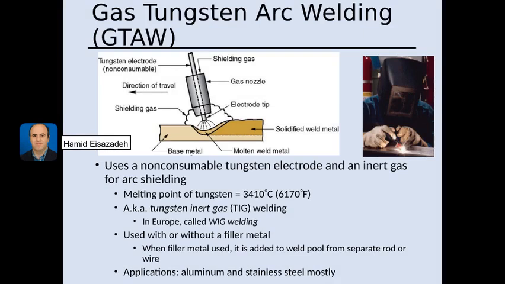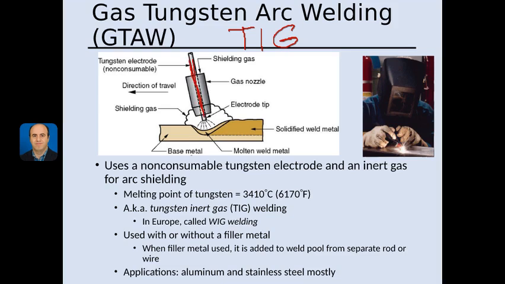Next is gas tungsten arc welding, or GTAW for short. Another name of this process is TIG welding, tungsten inert gas welding process. This process is one of the arc welding processes, and it uses a non-consumable electrode.